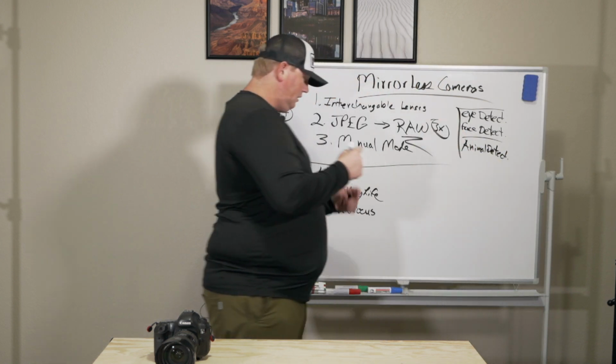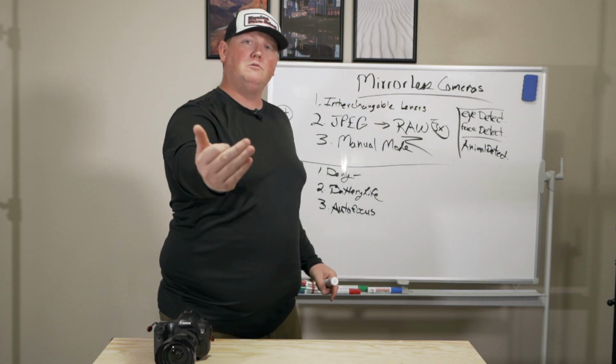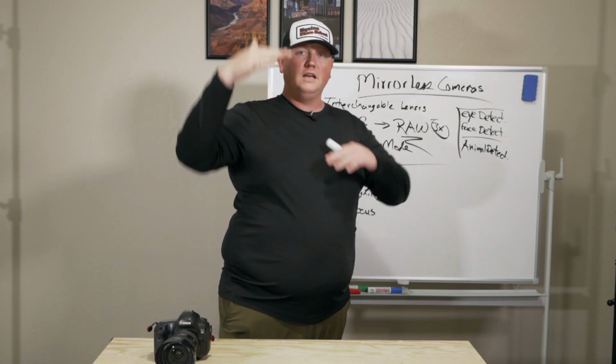So what that means is, if we're this far away, it's going to do face detection, right? It's going to detect my whole face. But if I was moving closer, or I had a longer lens and this was cropped tighter on my face, it would pinpoint my eye and just focus on whichever eye was closer.